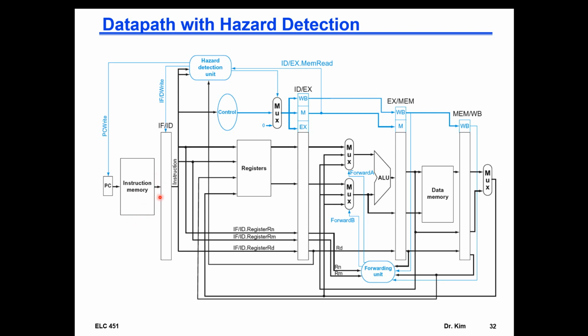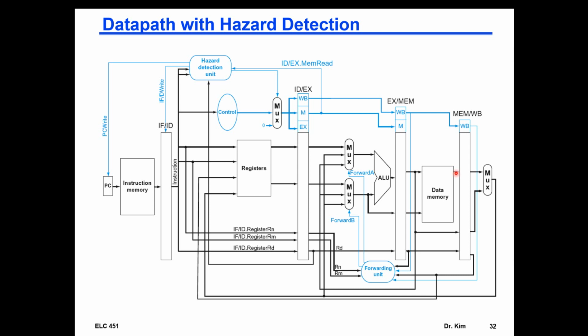So together, by fetching the instruction that came after the load again and zeroing out the control, I'm effecting that stall for one clock cycle, which is what I need to get the data from memory into here at this point.